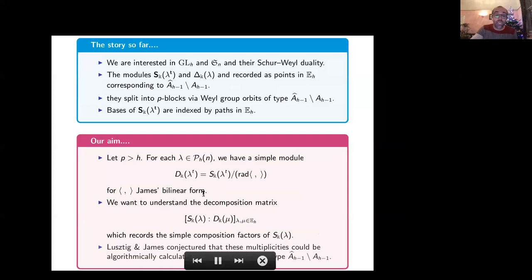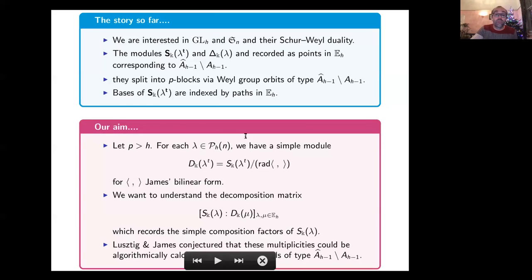Okay, so I was just saying that what I've put here is the sort of old school stuff. So this is James, this is bilinear forms, this is the things that you see from the symmetric group world.